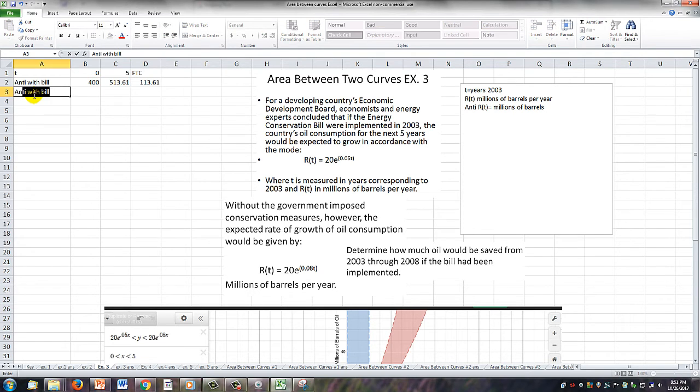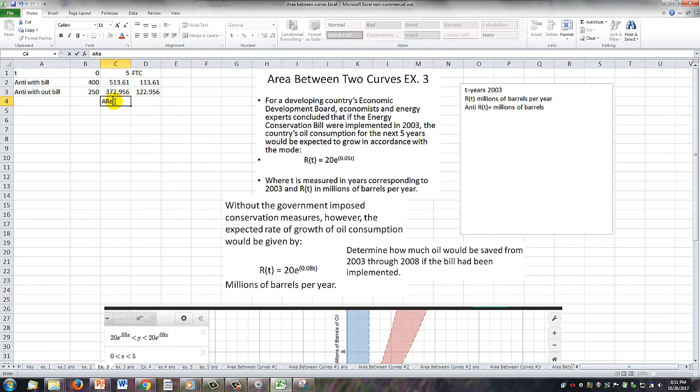And then the antiderivative without the bill would be this one right here, 20 divided by 0.08 times exp 0.08 times t, and then FTC, we already have the formula, we'll just drag it down.